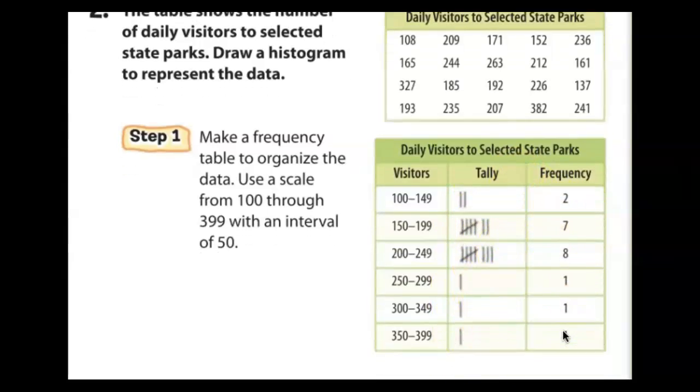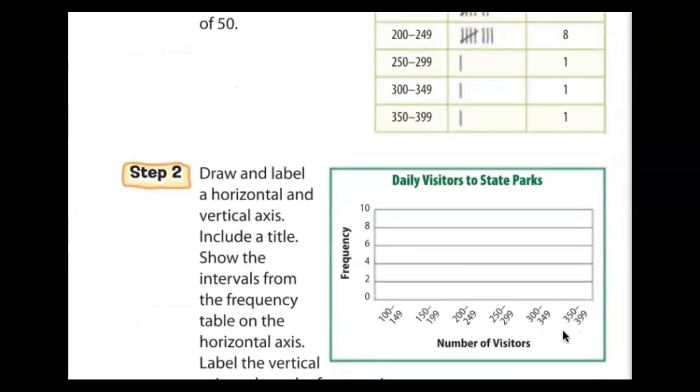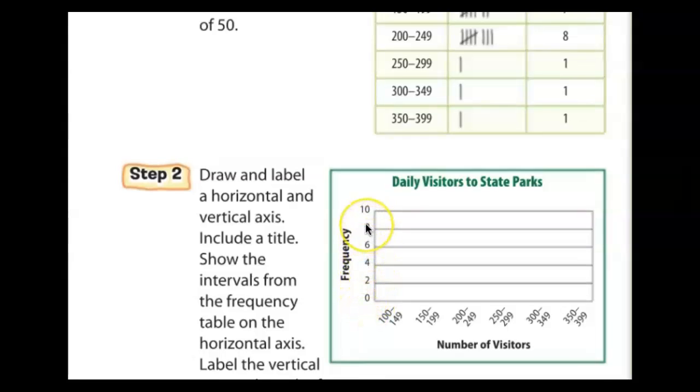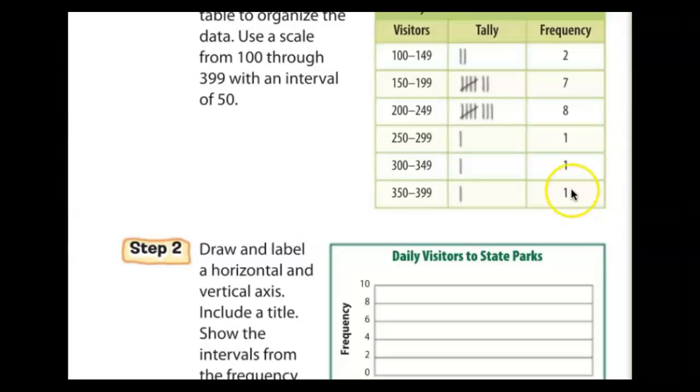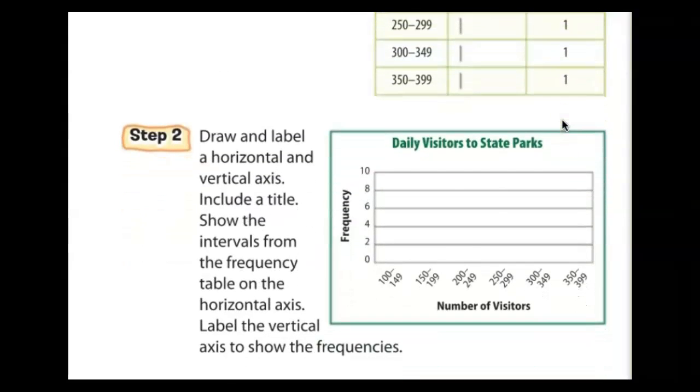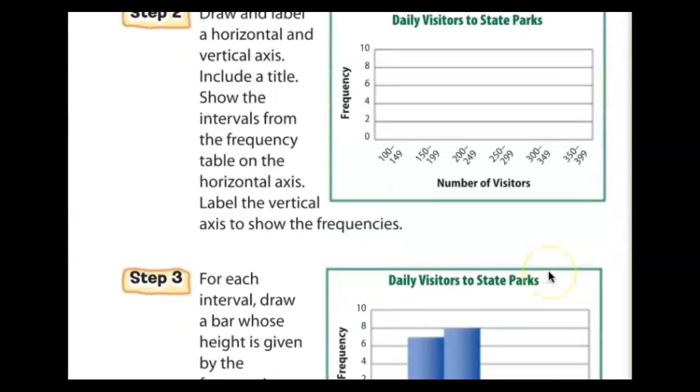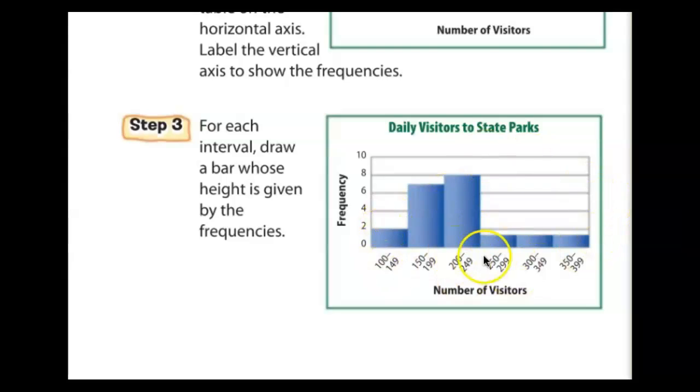And then you take the number, the frequency, and the frequency is going to be the Y scale, so counting by 2, 4, 6, 8, 10, because we have 1, 1, 1, 2, 7, 8. And then you just draw your bars. So on the X scale over here, the number of visitors, you have each bar representing each of those intervals, and then you just draw the bars. So that's how you make a histogram.